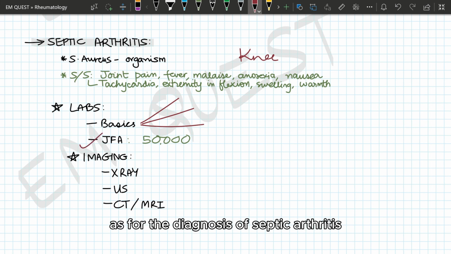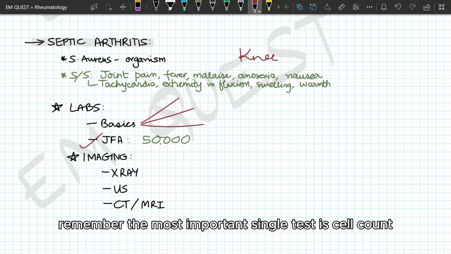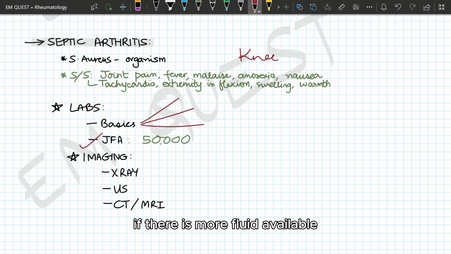As for the diagnosis of septic arthritis, it requires a joint fluid aspiration for culture and analysis. If a very small amount of fluid is aspirated, remember the most important single test is cell count. If there is more fluid available, then the rest can be undertaken.